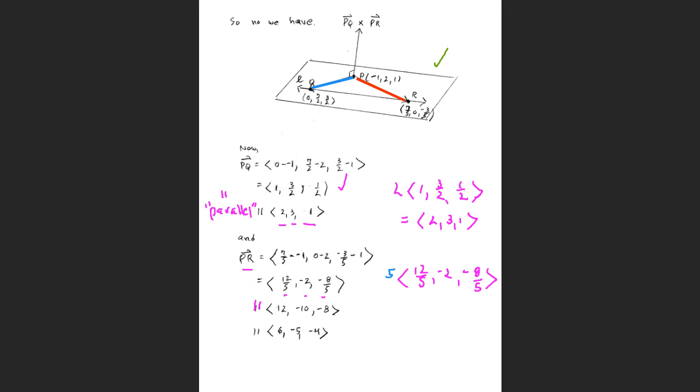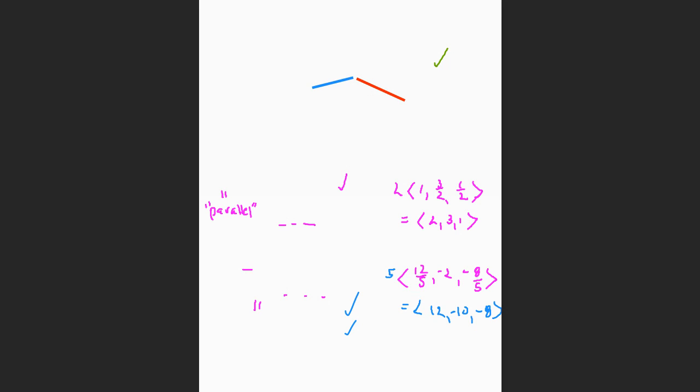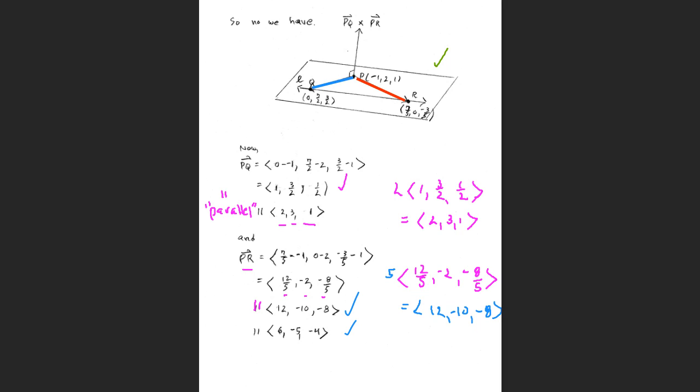So if I multiply through by 5, that gets me 12, -10, and -8. But even with 12, -10, -8, I can find an easier vector.